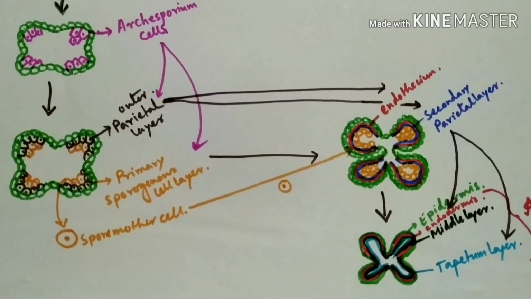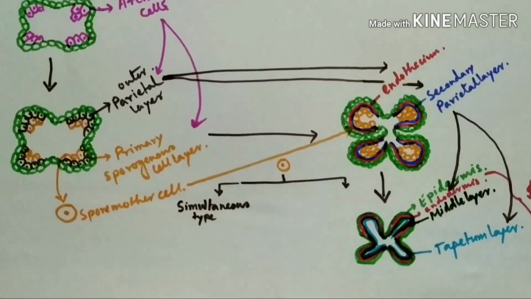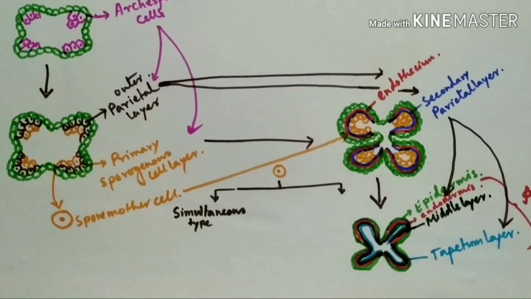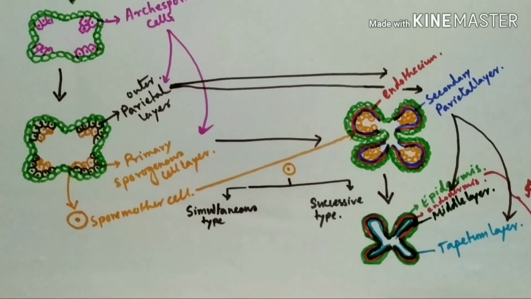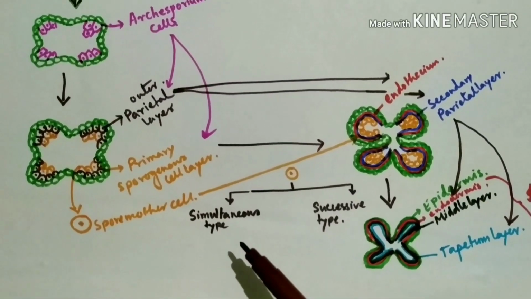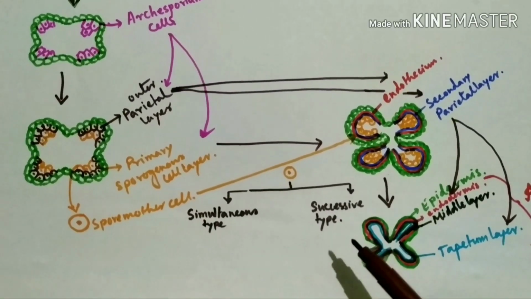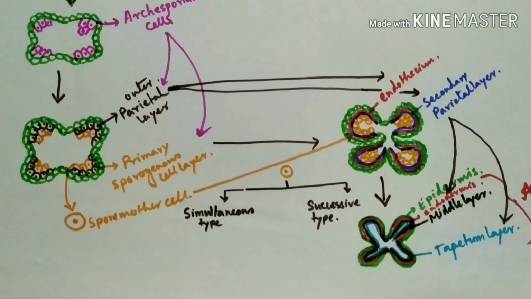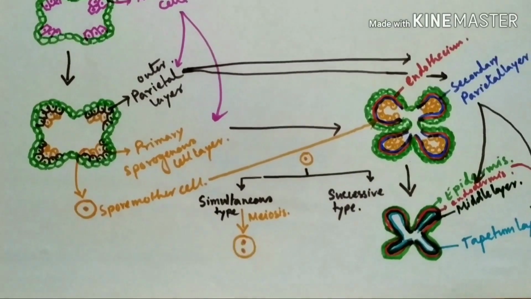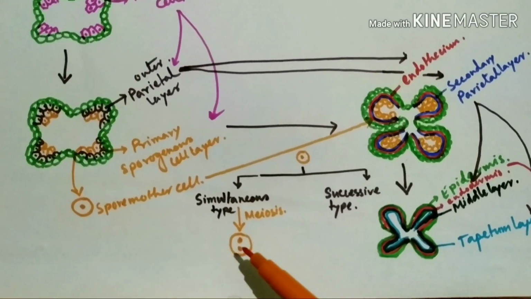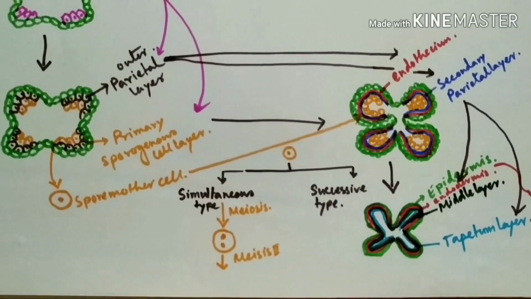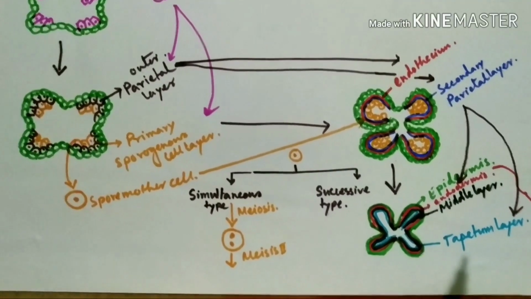So spore mother cells divide by two types, simultaneous type division and another is successive division. Simultaneous division is found in monocotyledons and successive type division is found in dicotyledons. So in the case of simultaneous division, after meiosis, the spore mother cell produces two nuclei within a cell and then by second meiotic division produces four nuclei.